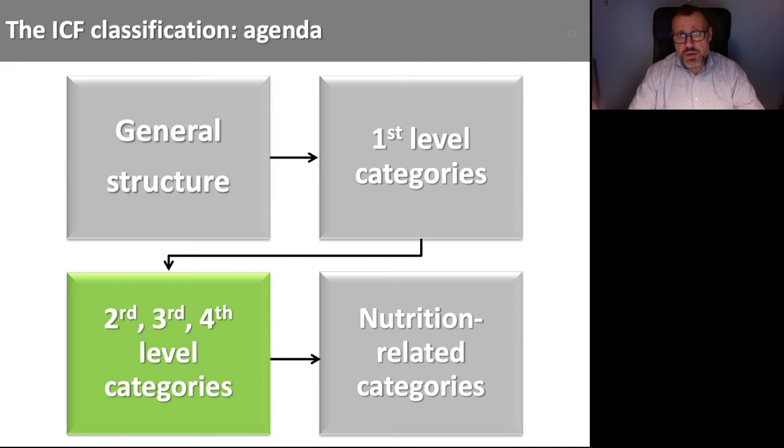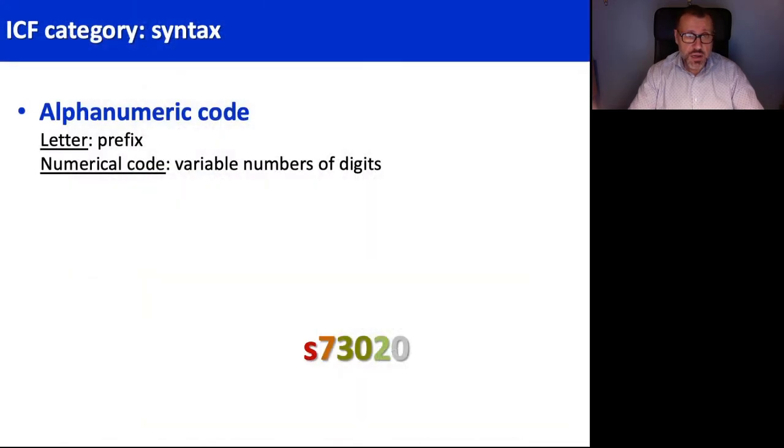So we have looked at the first level categories, and now we can go deeper, to the second, third, and fourth level categories of the classification. So here we can see a typical ICF category, which is read S73020.